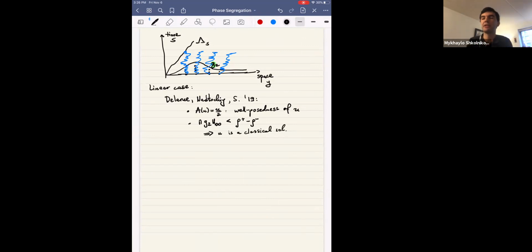So in general, you have to formulate a different concept of solution, which we call probabilistic solution in our paper. But in the special case where your initial condition is small enough, the solution turns out to be classical.